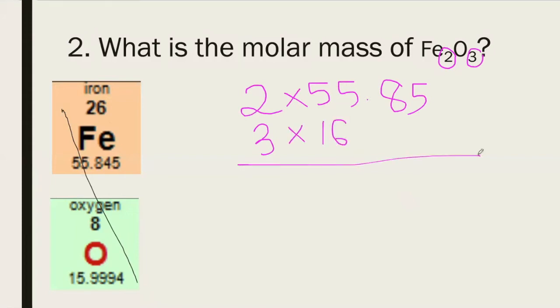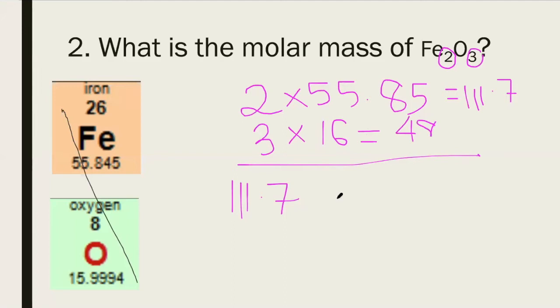So 55.85 times 2 equals to 111.7. And then 16 times 3, we have 48.